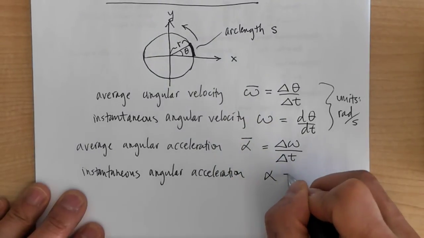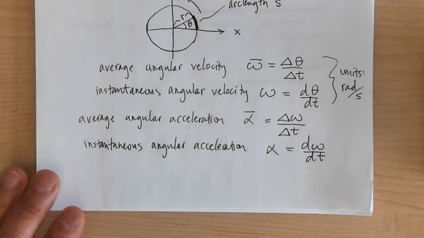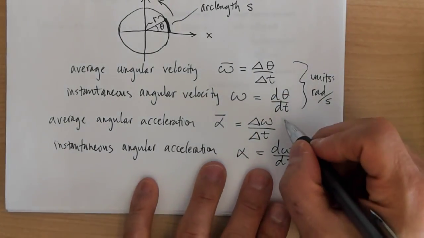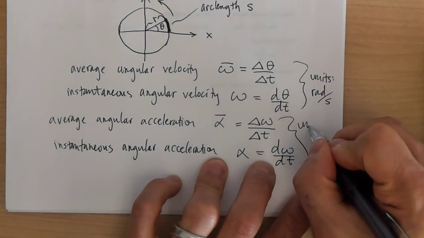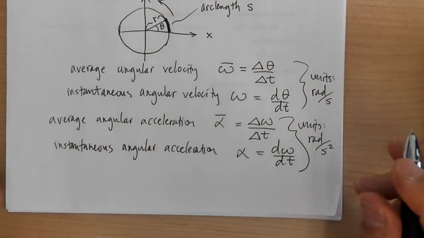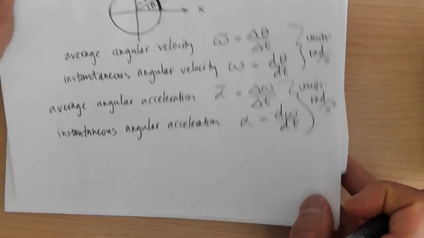That was plain alpha, and that was the time derivative of the angular velocity, omega, the instantaneous angular velocity. And so this had units of radians per second squared. Okay, I hope these are familiar.